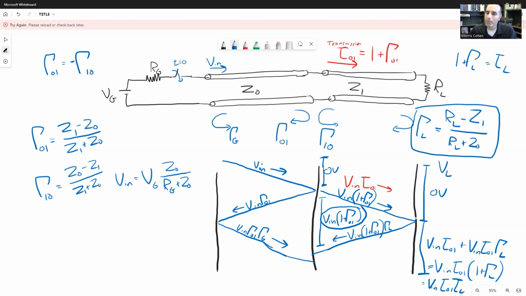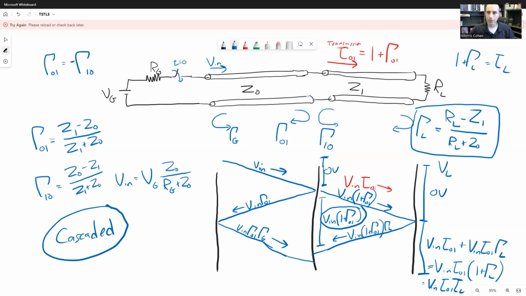So we're going to keep the same structure that we used to figure out the change in voltage on a load resistor with resistance Z1. And it's the same process when instead of a load resistor, we have a transmission line with a different impedance. This is called, again, cascaded transmission lines.